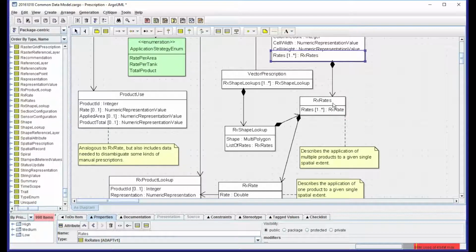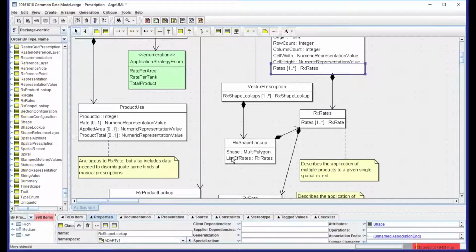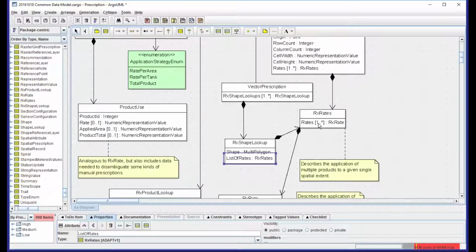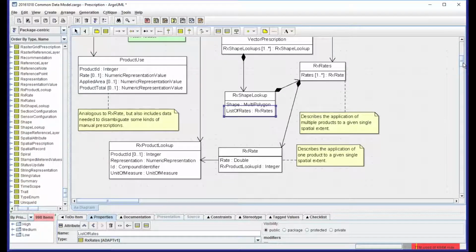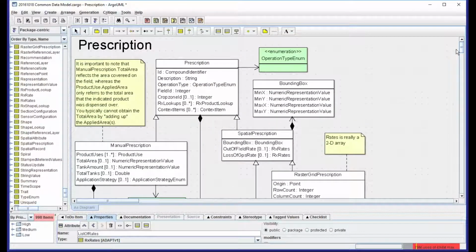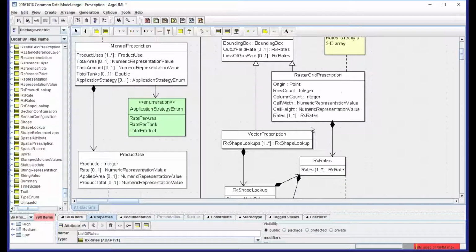So we just have the list of rates for that cell. The reason that we don't do it as an RX rates and instead have the rates broken up independently had to do with implementation details for performance. So that is prescription in the 2 flavors, manual and spatial. Spatial in turn in accordance with 2 different ways of describing space, either through vector or raster grids.